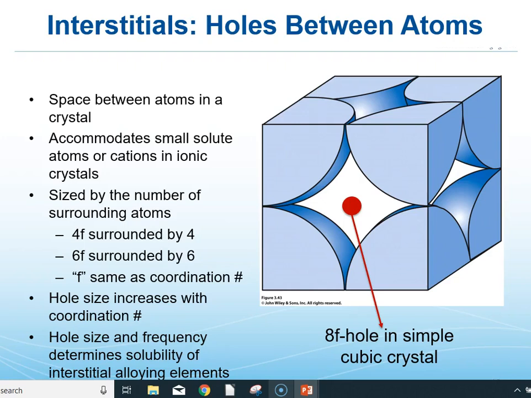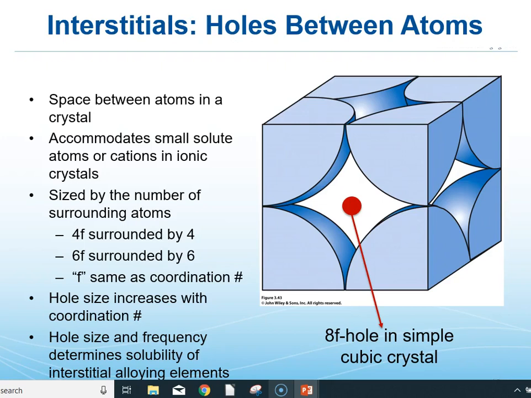In our cubic crystals, we've basically got two kinds of holes, and they go by coordination number. If you've got a hole that is surrounded by 4 atoms, it's called a 4F hole or a tetrahedral hole. If you have a hole that has a coordination number of 6, is surrounded by 6 atoms, it's a 6F hole or octahedral hole, because the atoms surrounding it form an octahedron.